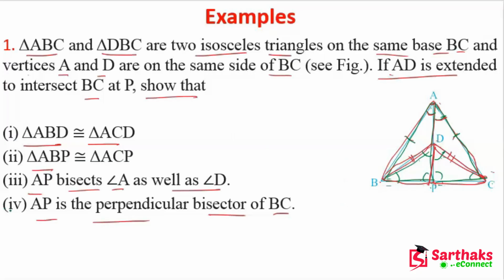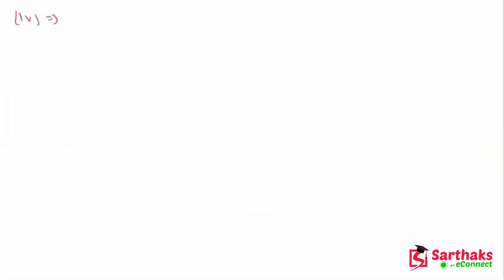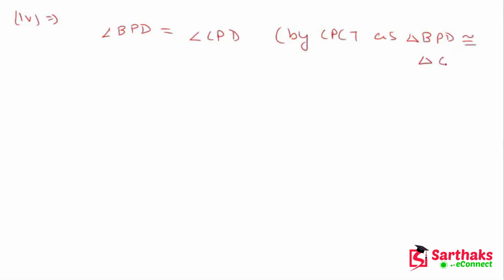So we can write angle BPD is equal to angle CPD by CPCT, as triangle BPD is congruent to triangle CPD. Got it? And BP is equal to CP.